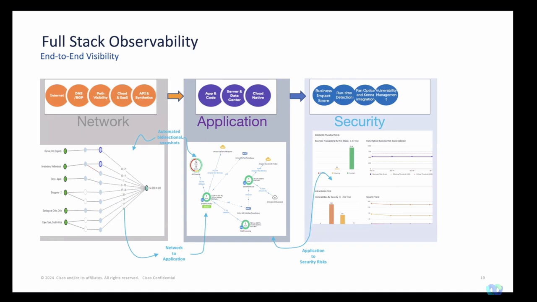So that's how full stack observability provides end-to-end visibility, and security is one part of this end-to-end visibility which the FSO platform provides. Just wanted to share with you where CSA fits in as part of full stack observability.